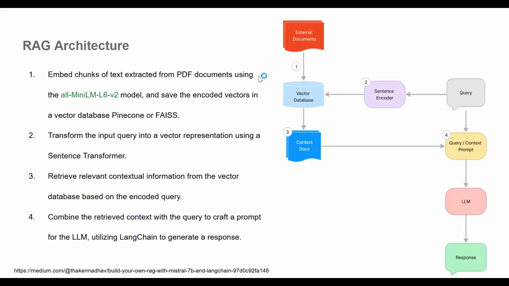embedding the input query into a vector representation for the retrieval process. And then it goes to the third part, which is retrieving the relevant information from our embedded vector database based on the encoded query.